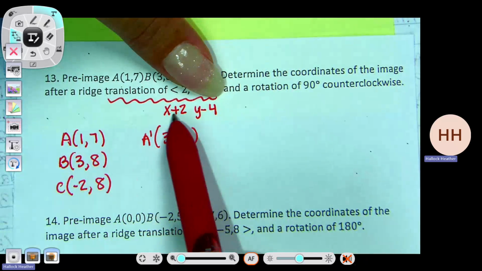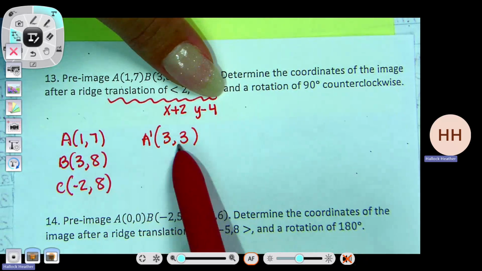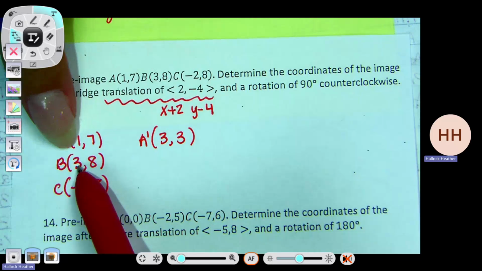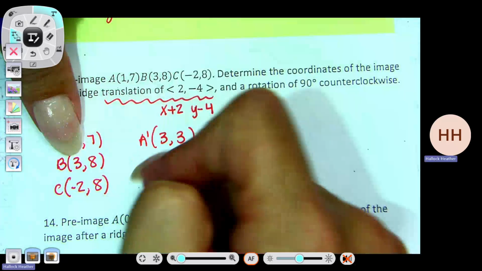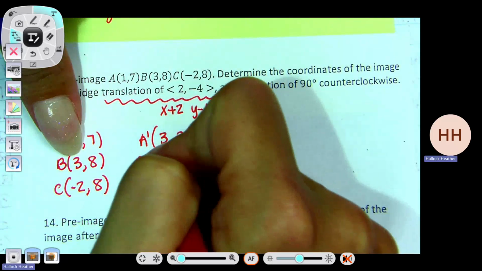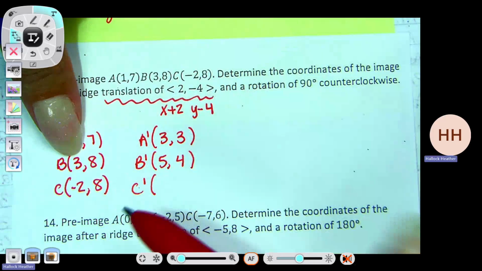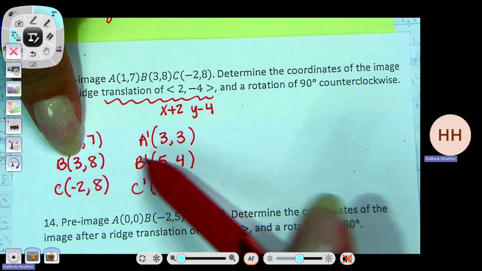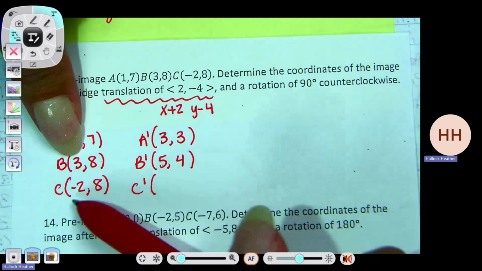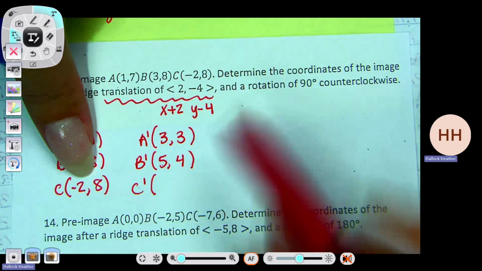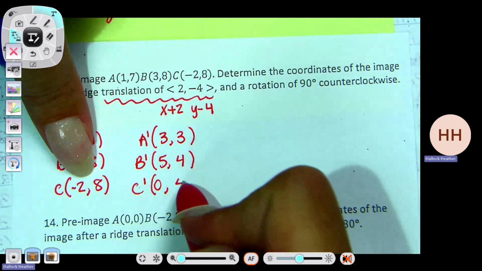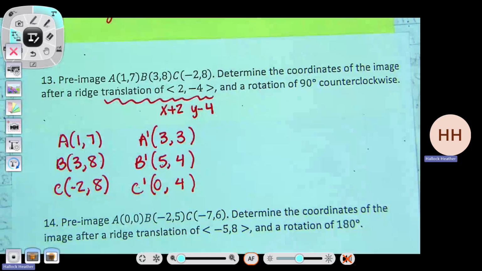Because you add 2 to the X, you subtract 4 to the Y. What about B prime? It was 3, 8. What is it? 5, 4. Because you add 2, that makes 5. You subtract 4, that makes 4. And then C prime? 0, 4.